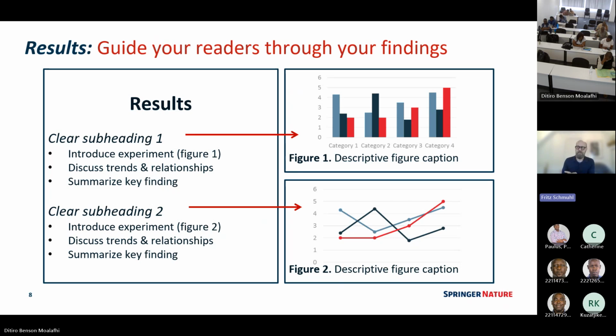And we recommend, for instance, to do that in terms of figures and tables one at a time. If it is a complex figure with, say, 6 panels, then, for instance, first discuss 3 panels in one paragraph, then move on to the next 3 panels in another paragraph.